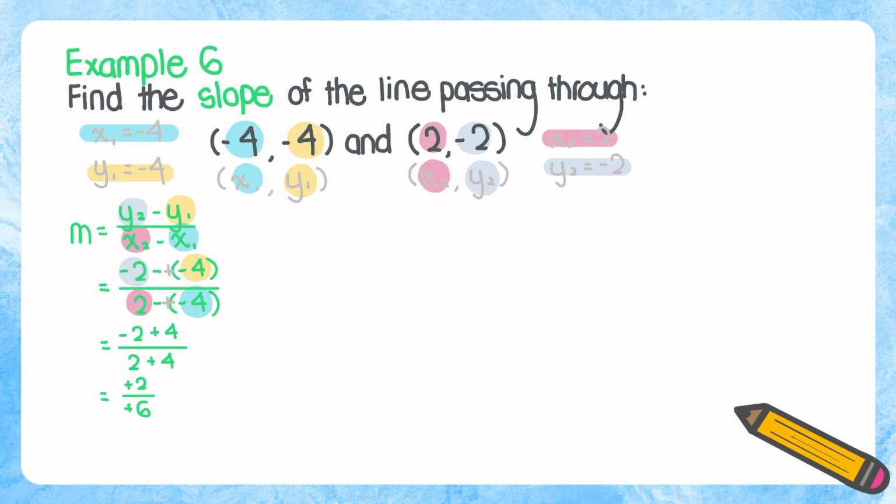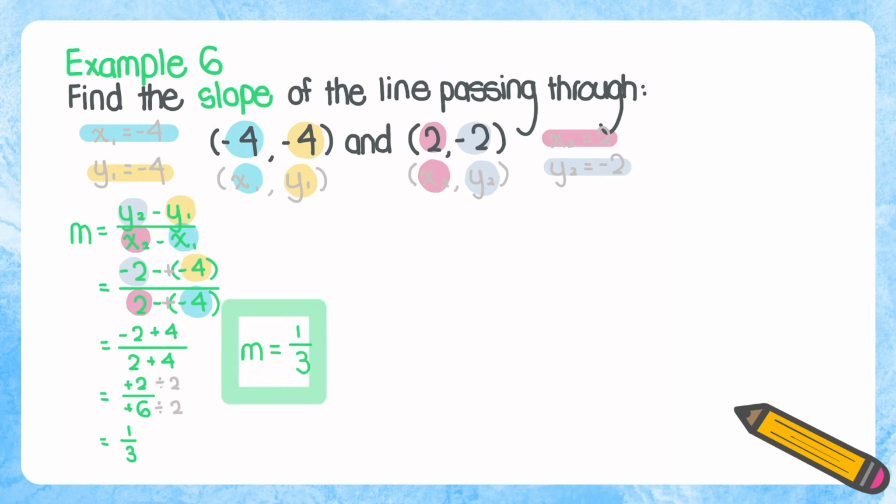So I have 2 over 6, but notice that I can still simplify this. 2 and 6 have a GCF of 2, so we'll divide both the numerator and denominator by 2, again because the greatest common factor is 2. 2 divided by 2 is 1, and 6 divided by 2 is 3, so our slope is m equals 1 over 3.